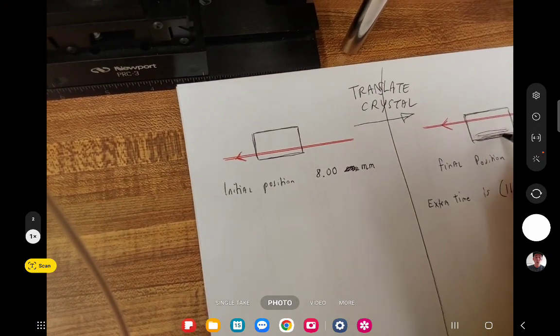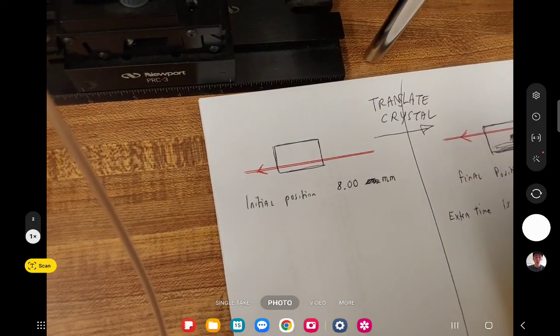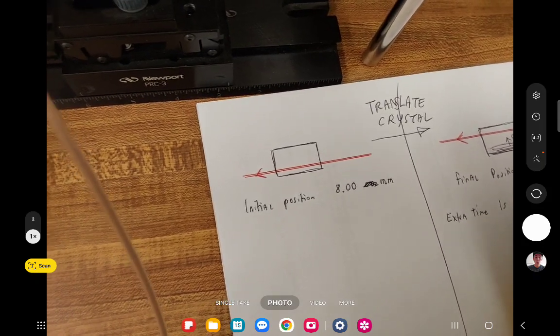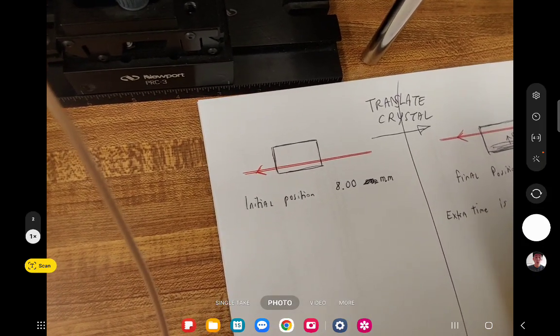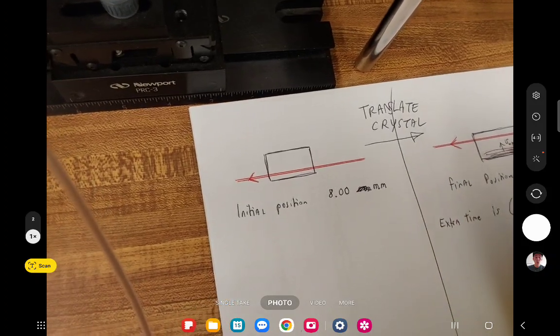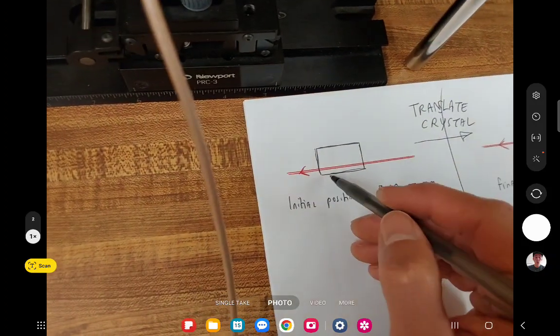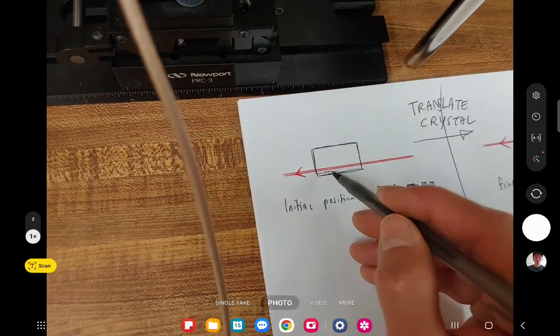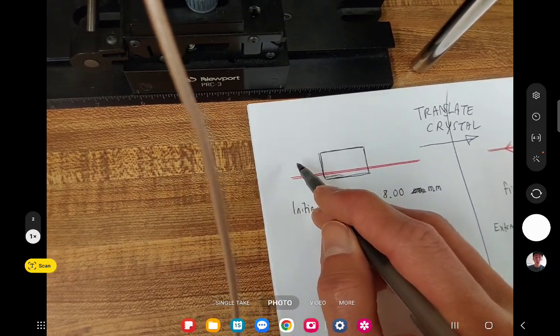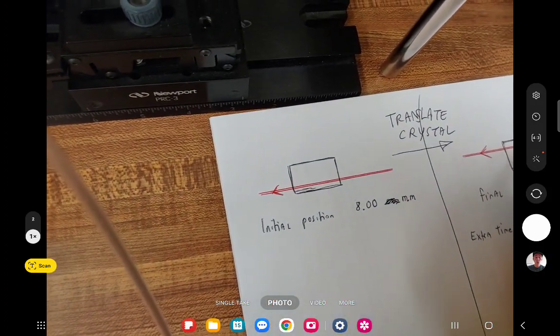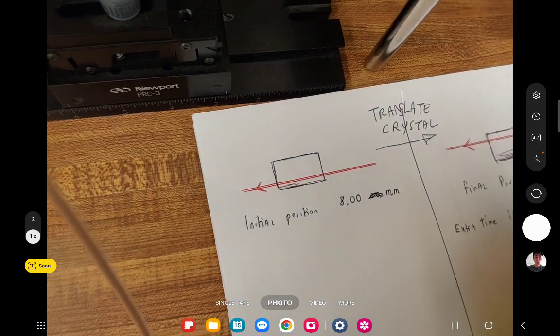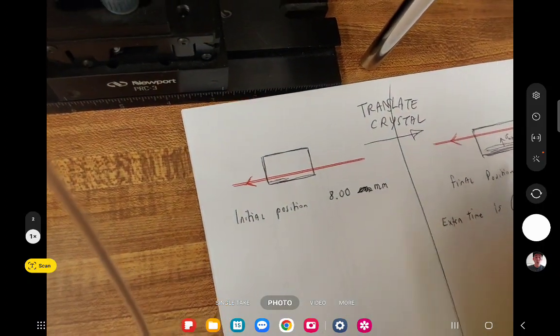These are acoustic waves that travel across the crystal at the speed of waves in the crystal, right? So they travel across. Over here, they didn't have to travel very far before they can split the beam. But here they have to travel quite a bit further. They have to travel actually 4 millimeters further.